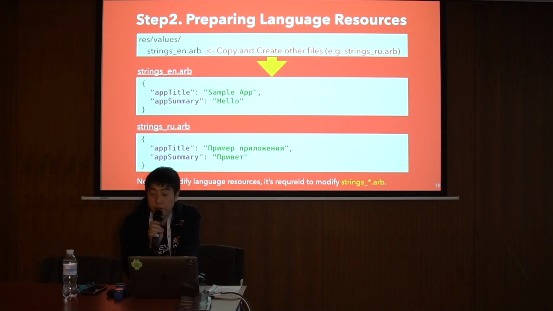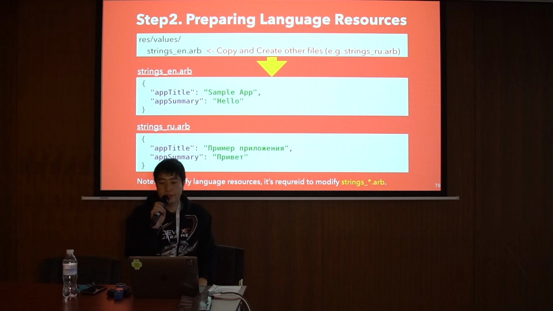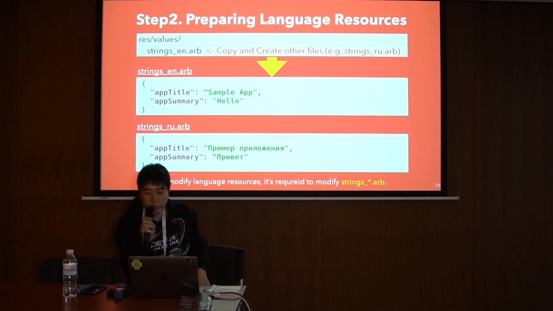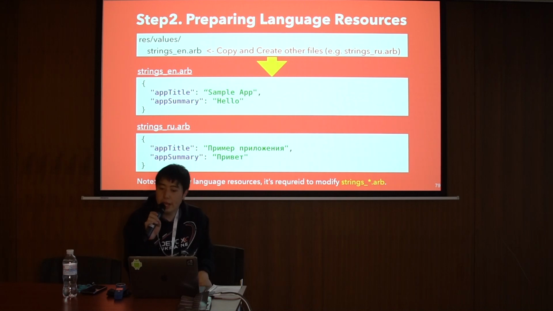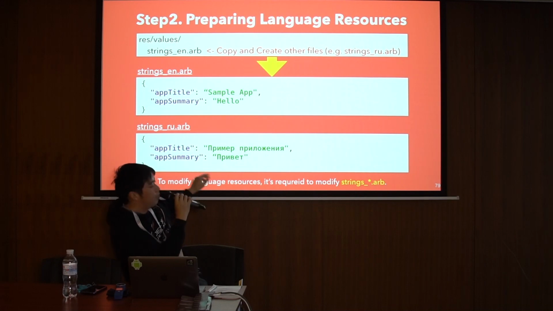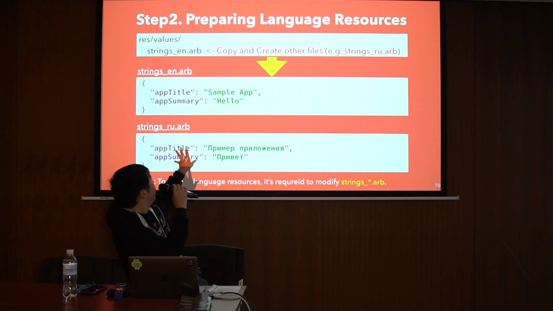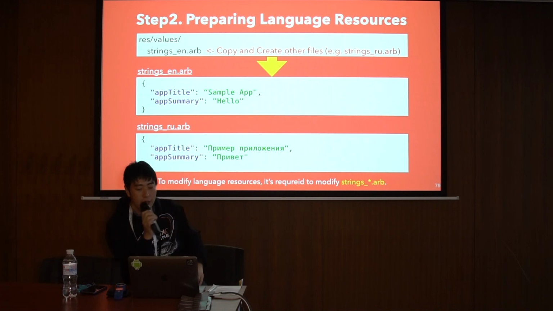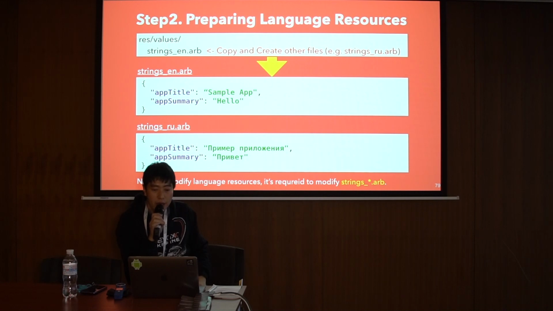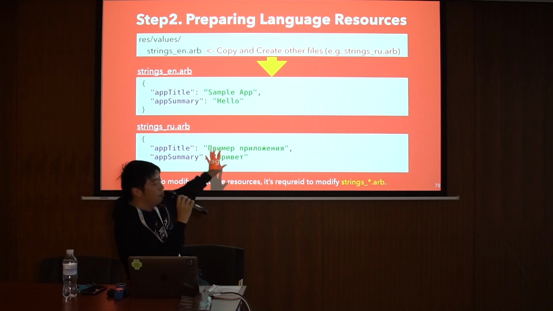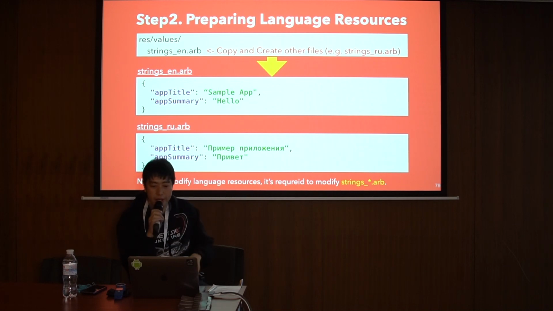Next, we need to create localization files. These are language resource samples. In this case, I prepared an app title and app summary for localization. Please create strings_en.arb and strings_ru.arb for the English and Russian localization files.